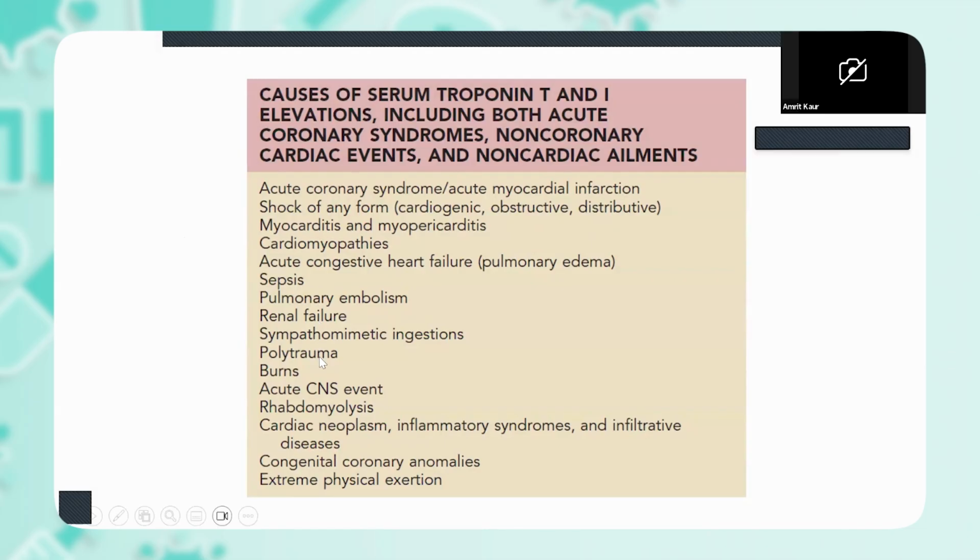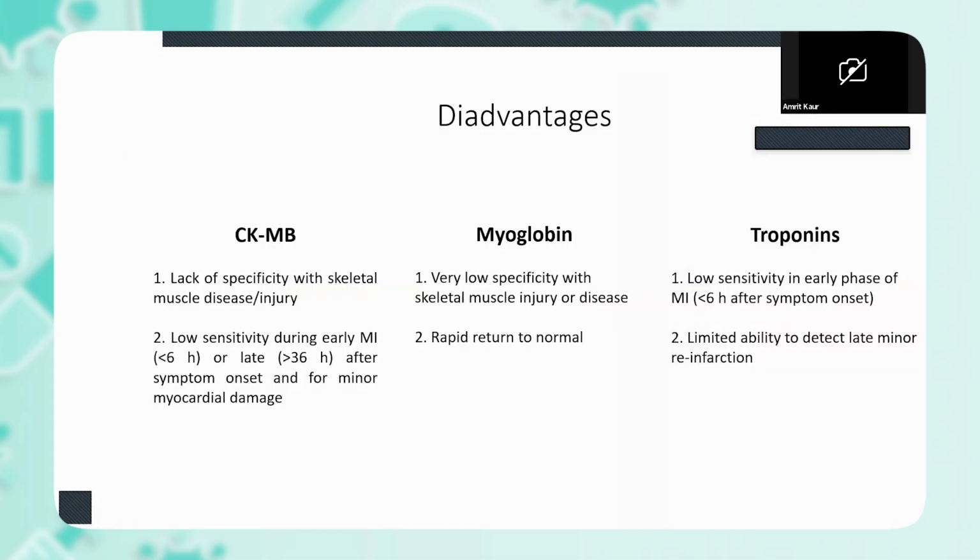Your trauma patients will have high enzyme burden, burns, rhabdomyolysis. And patients who come after extreme physical exertion, your question could be framed around a marathon runner who has come after a marathon and has his troponins elevated. Doesn't necessarily mean he has an MI.